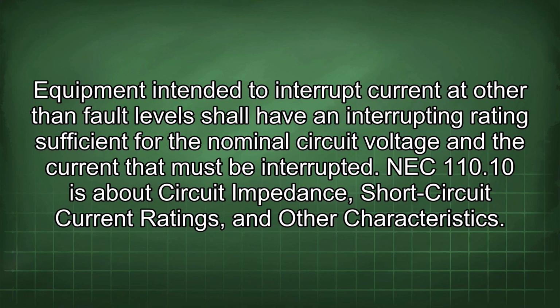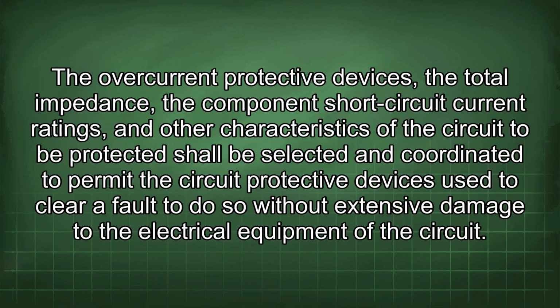NEC 110.10 is about circuit impedance, short circuit current ratings, and other characteristics. The overcurrent protective devices, the total impedance, the component short circuit current ratings, and other characteristics of the circuit to be protected shall be selected and coordinated to permit the circuit protective devices used to clear a fault to do so without extensive damage to the electrical equipment of the circuit.